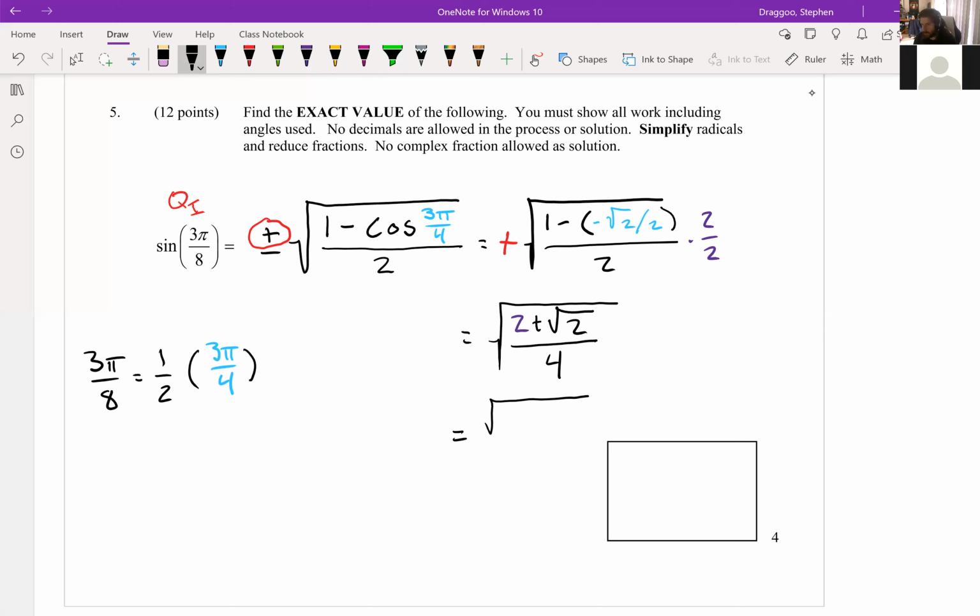So 2 plus root 2 all over 4. So this will simplify to the square root of 2 plus the square root of 2 all over 2.